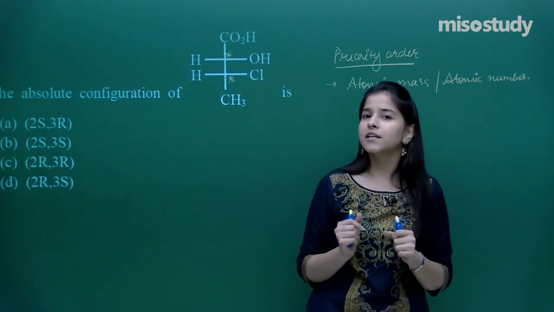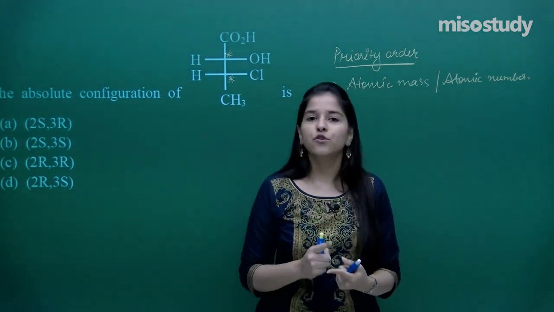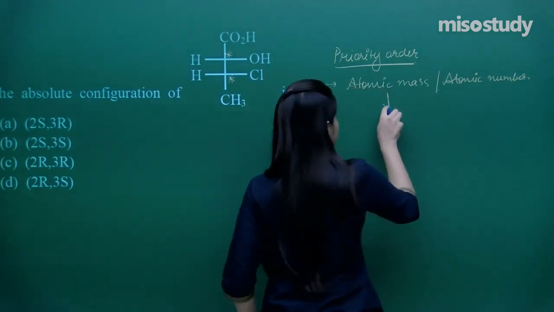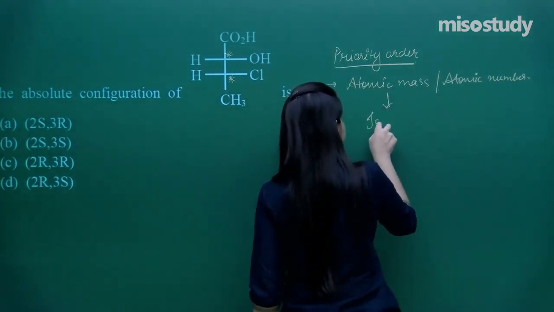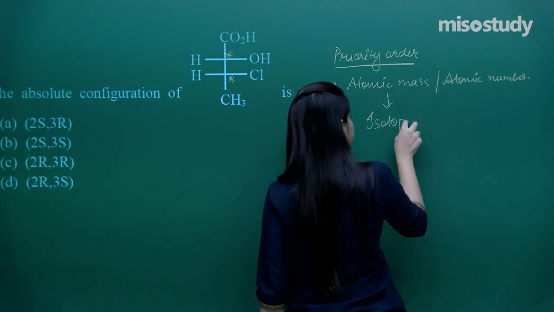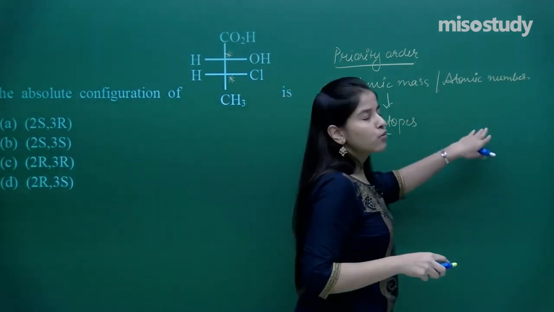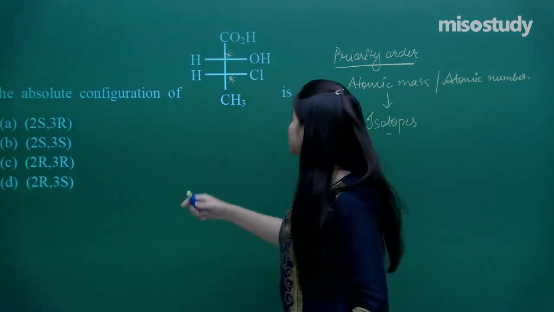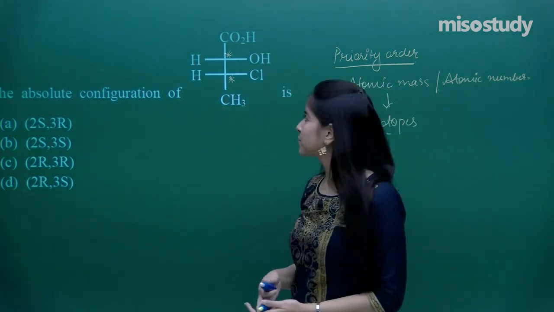But that is not the case with isotopes. Isotopes have similar electrons. So, that is what we have discussed. This was considered in terms of isotopes, and for general elements I need to consider the atomic number. That is how we are going to assign the priorities over here.